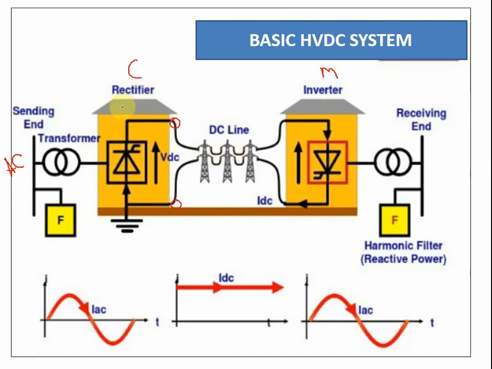At Chandrapur I convert that AC power into DC, and by using the DC transmission line I transmit the power and give it to the inverter station. That DC power is converted into AC at Mumbai. This HVDC transmission line is basically used for longer distances. If you want to transmit power over a longer distance, in that case we go for HVDC systems.